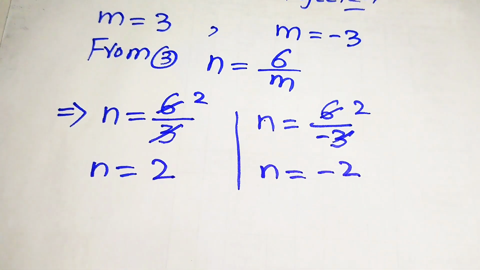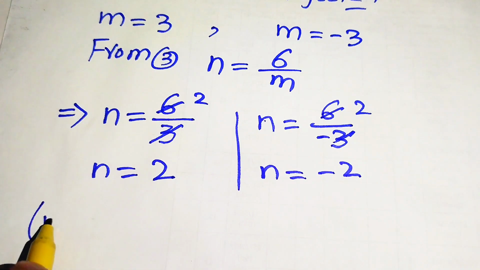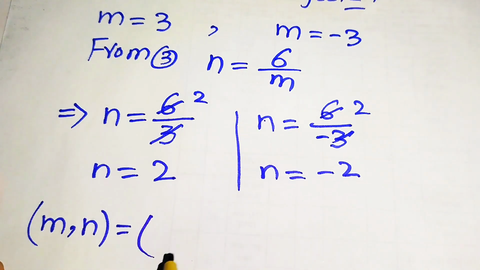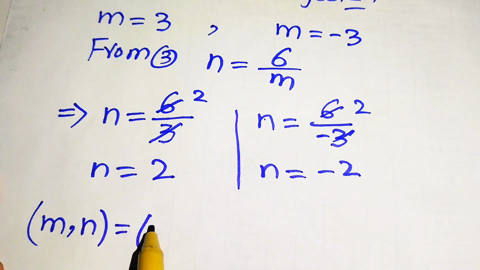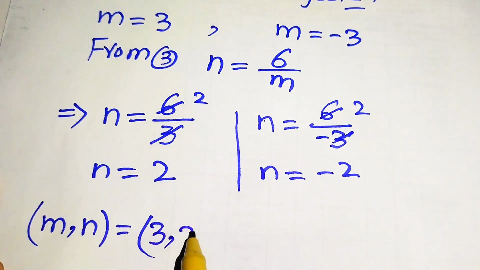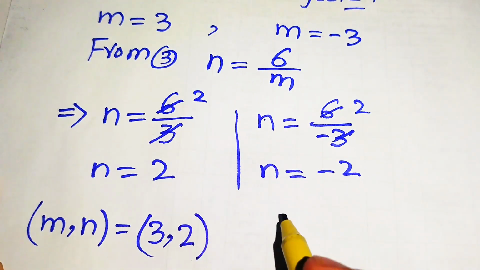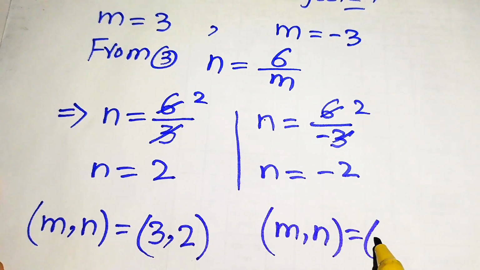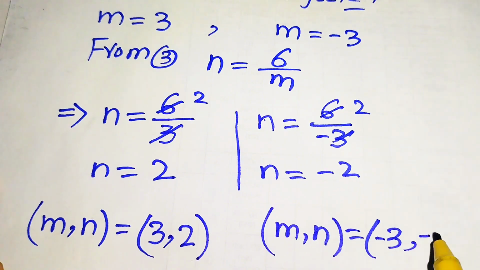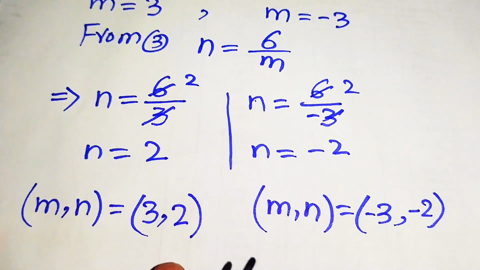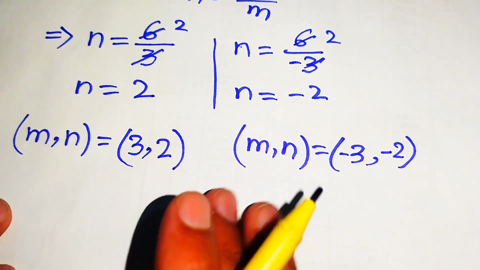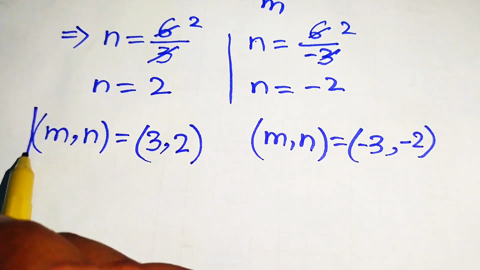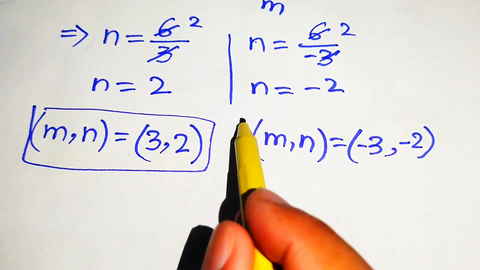So we have the solution set: in the first case m is 3 and the corresponding value of n is 2. In the second case the value of m is minus 3 and the corresponding value of n is minus 2. These are the two solutions of this question, and this is our final answer.